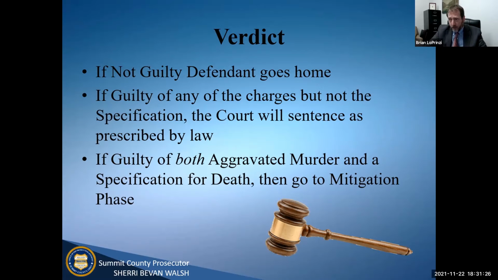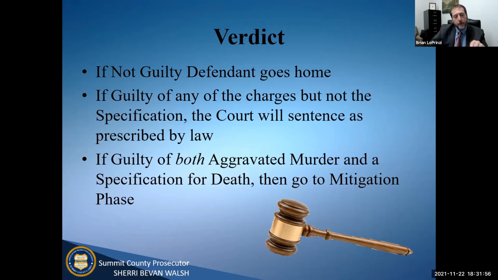If the jury finds the defendant unanimously guilty, and with the specification in a death penalty case, if they find unanimously to both, then, I take that back, I skipped it. If they find him guilty unanimously of the charges, but not the specification for death, it doesn't go to it, then they're done. No death sentence. And the judge will sentence them to some type of life sentence, okay?